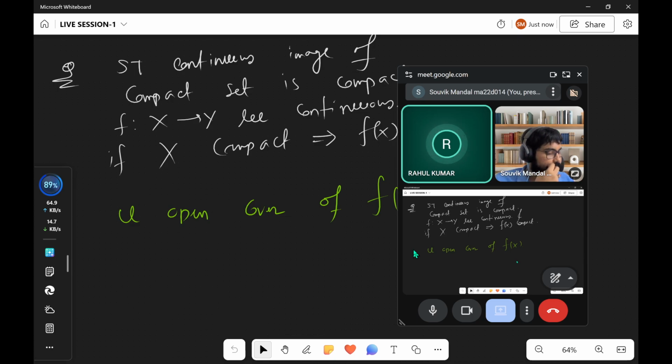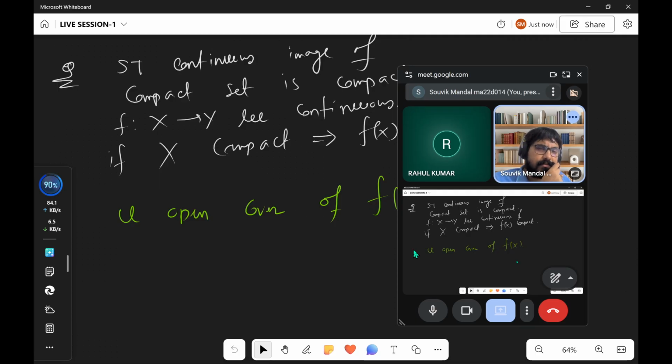Sir, can we show it like this: as f(X) is compact, then X is compact? That's not what we need to show. If X is compact, then f(X) is compact, this is what we need to show, right? I'm thinking that, as f is a continuous map, the inverse holds.